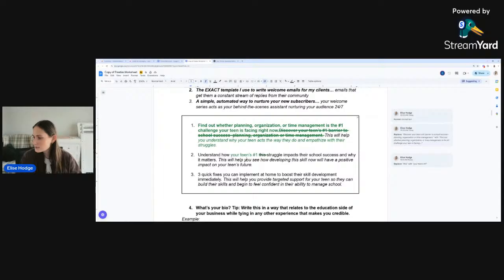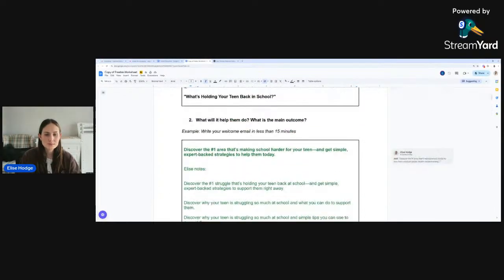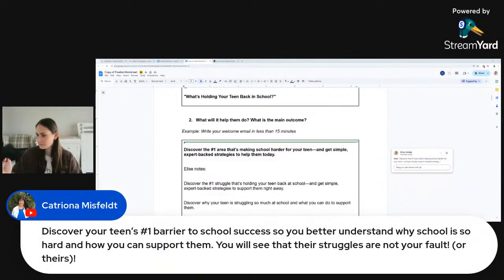What's this one for? Teen's number one barrier to school success. Do you mean for the promise? This area here? Your revision for the mock-up.